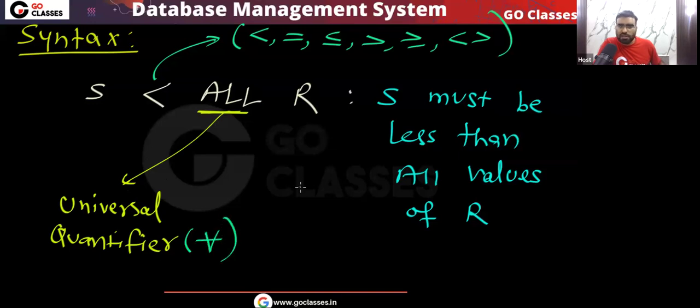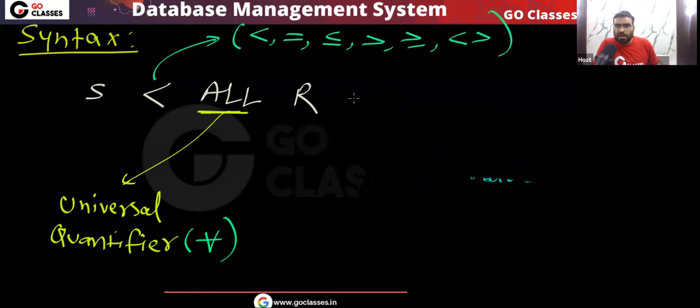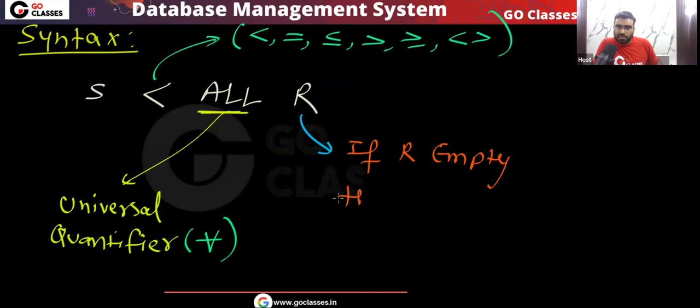So you can see, if R is empty, what happens with the universal quantifier? If you did not study first order logic, don't worry. If this R is empty, then this will always be true. If you get an empty table, this will always be true, meaning for everyone it will pass.